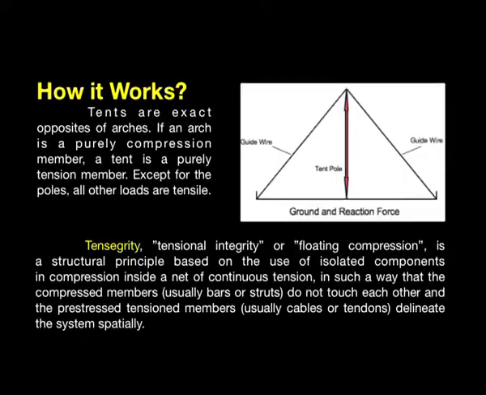It is also called tensional integrity in simpler terms, or floating compression. It is a structural principle based on the use of isolated components in compression inside a net of continuous tension, in such a way that the compressed members, usually struts or bars, do not touch each other, and the pre-stressed tension members, usually cables or tendons, delineate the system spatially.